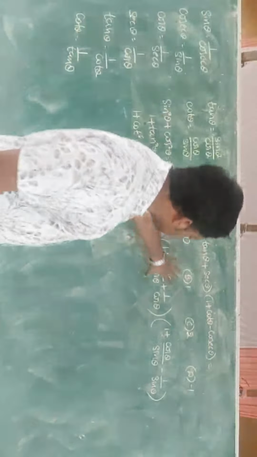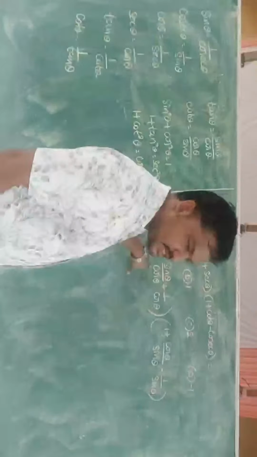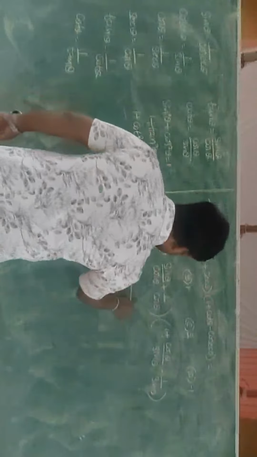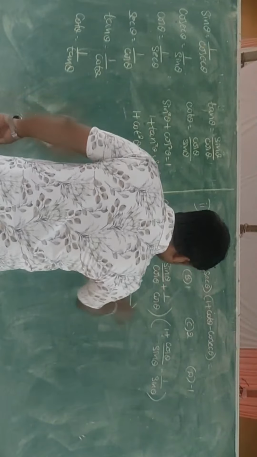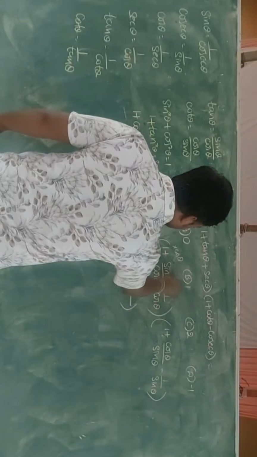Yes, we can take the LCM. This is the first term and this is the second term. In the first term, the LCM is cos theta. Here cos is already there in the denominator, so no need to multiply.